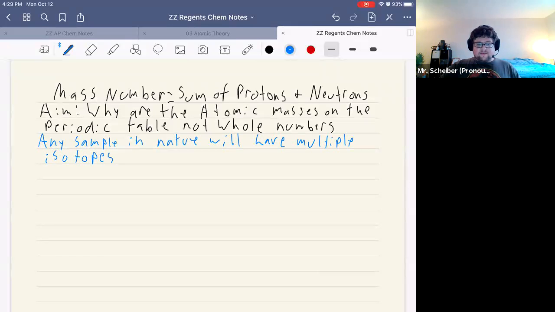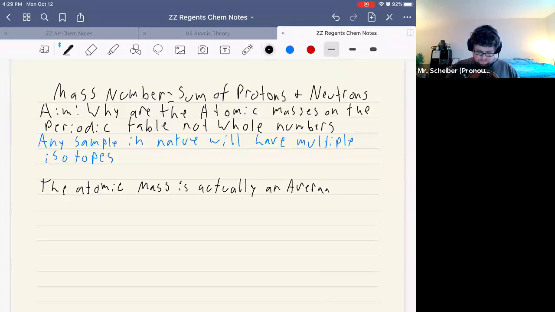And so the reason that we have a decimal isn't because it's actually the mass number, but the atomic mass is actually an average, which we call the average atomic mass.